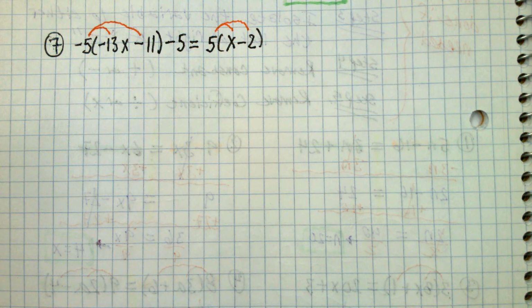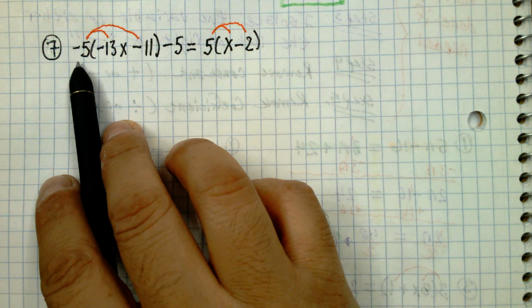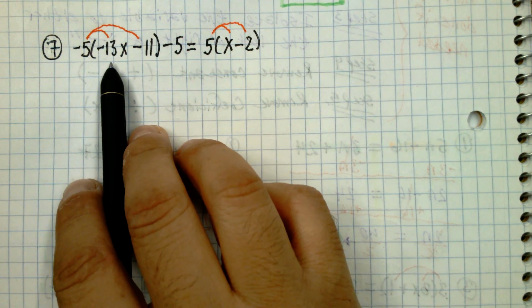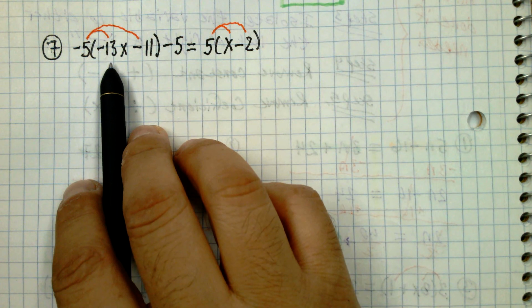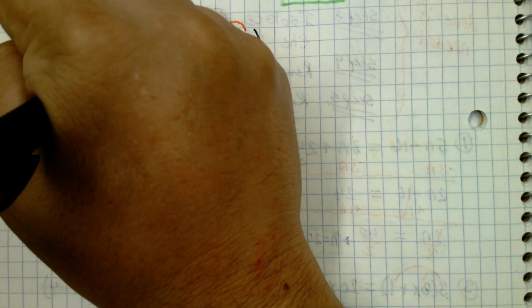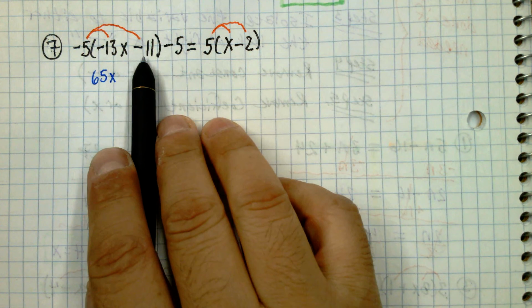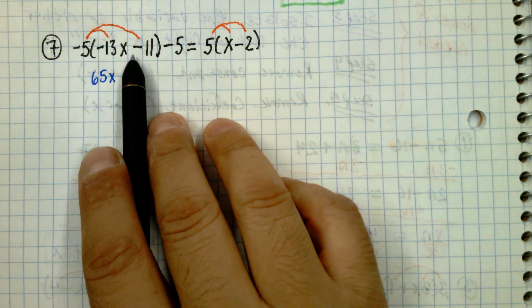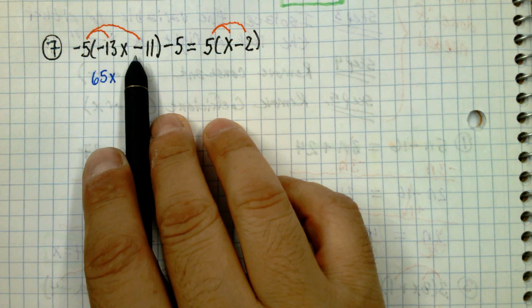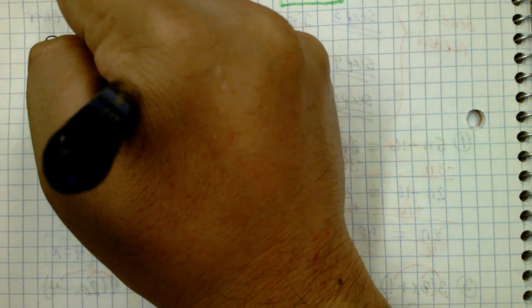Let's see what that gives us. You got negative 5 times negative 13. So that's going to be a positive 65x. And now we're going to multiply negative 5 by negative 11. Since it's going to be positive 11, I'm going to put plus 55.